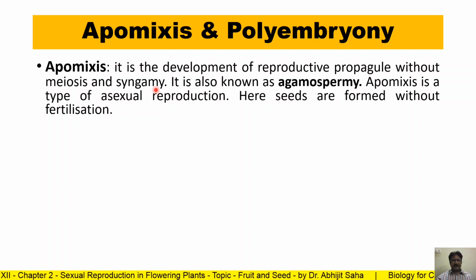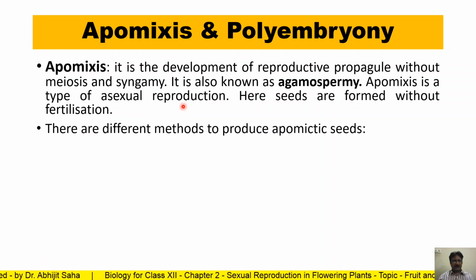Seed also is a reproductive propagule but is a product of meiosis and syngamy. But here we will study some reproductive propagule which is asexually produced and is known as agamospermy or apomixis. Since it is formed without any syngamy, this is a type of asexual reproduction. So here no fertilization takes place.